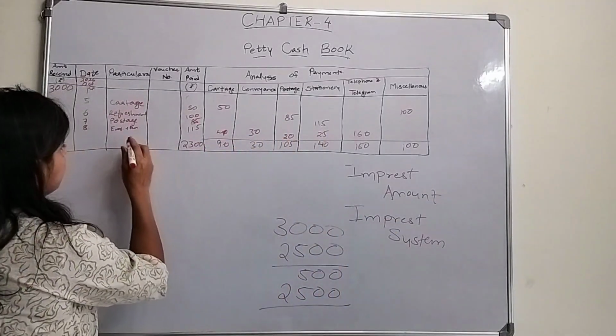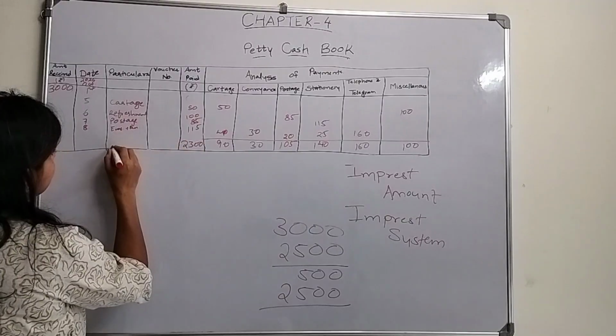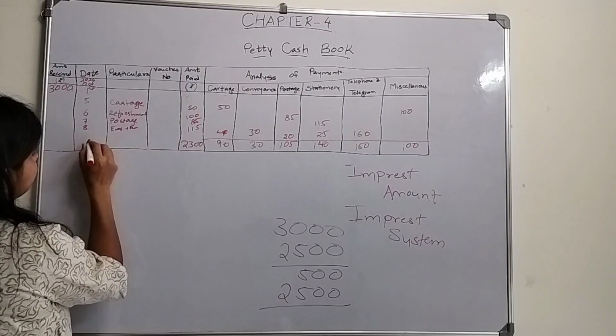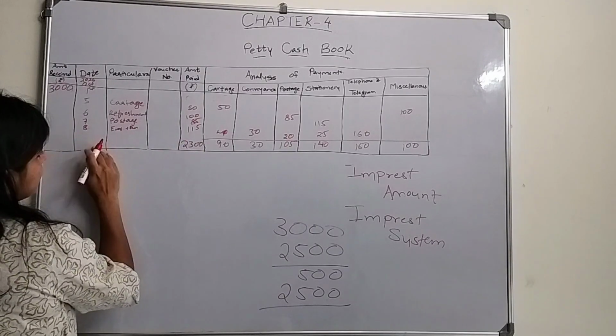Now what will they carry down as the balance at the end of 31st?